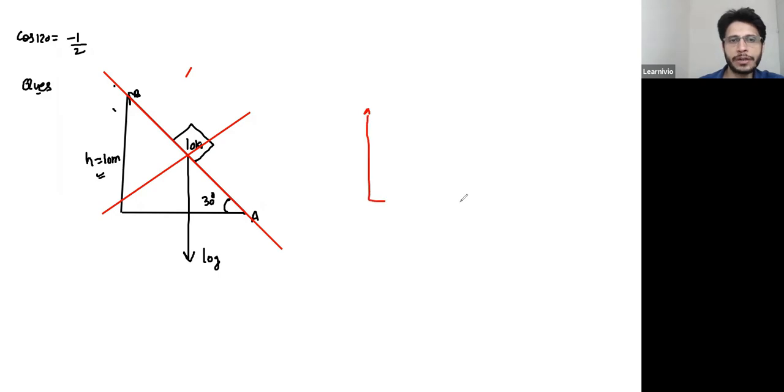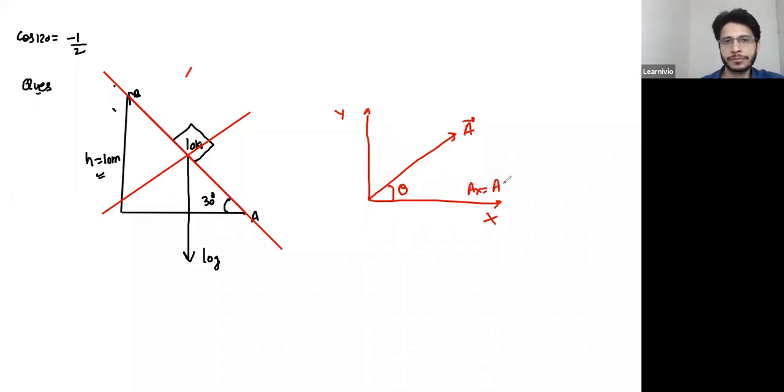If you have a vector, let's say this is x-axis and this is y-axis. If you forget this, if this is vector A and this angle is theta, then the component of A along x-axis is ax, which is a cos theta. The component along y-axis is ay, which is a sin theta.